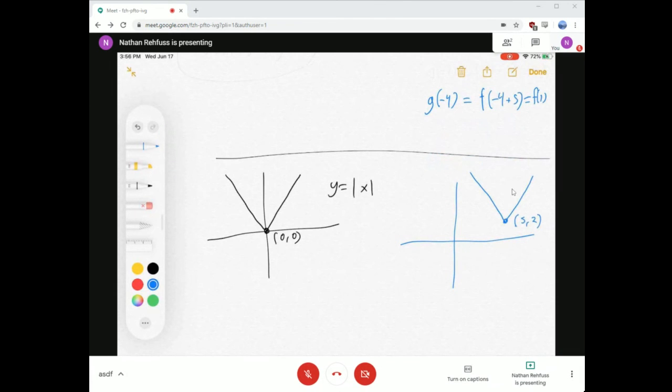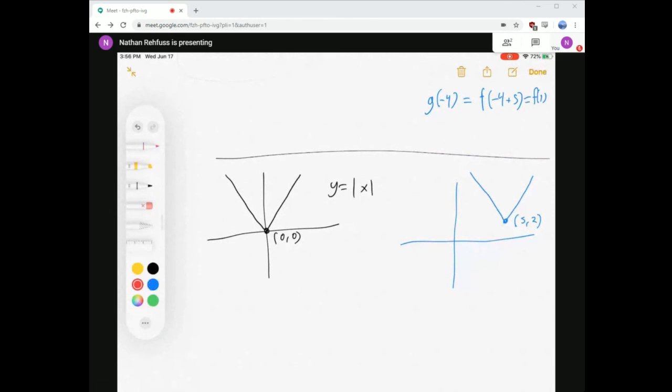So it's the same V shape, but now it's up here. So the way we can think of this is to get there, we had to move to the right 5 units and up 2 units. So I should do a horizontal shift 5 to the right, and I should do a vertical shift 2 up.